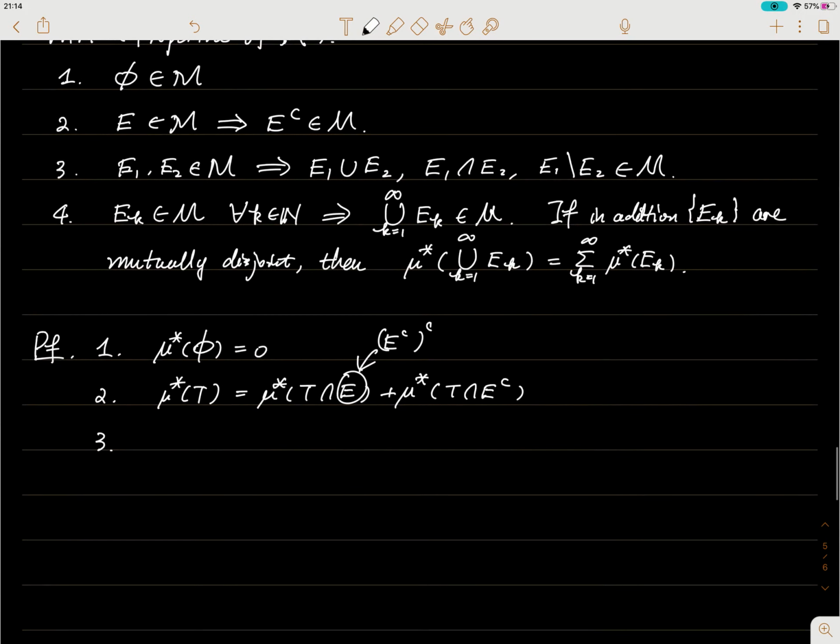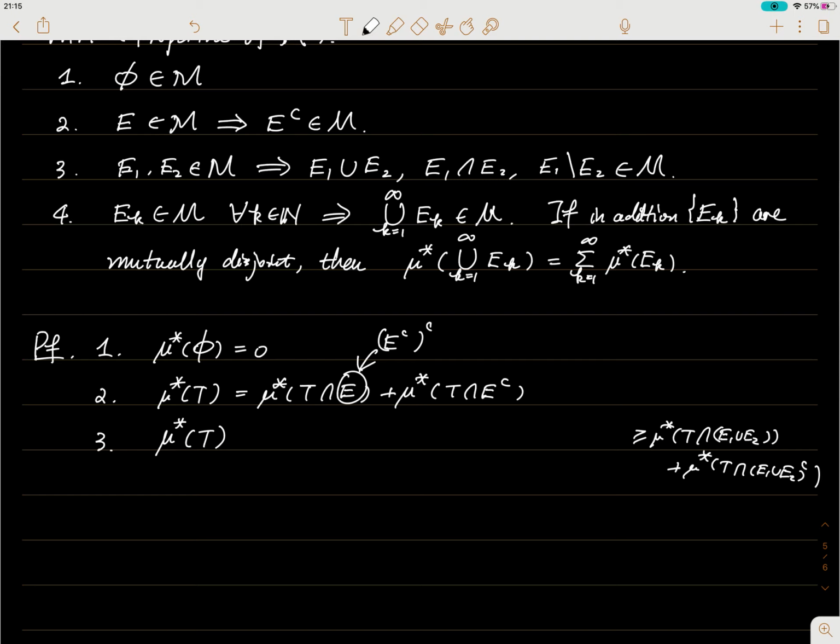Okay, the third one. We first show that the union of E1 and E2 will be measurable if both of them are measurable. To show this, remember that we just need to show that for any T, this is bigger than or equal to the outer measure of T intersection with E1 union E2, plus the intersection of T and the complement of E1 union E2, right?